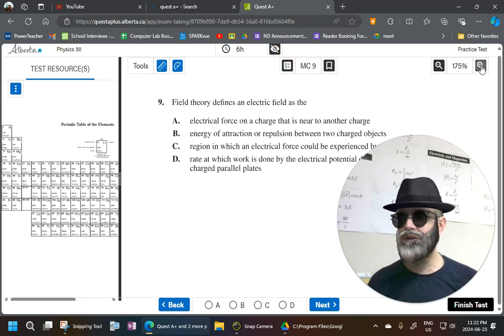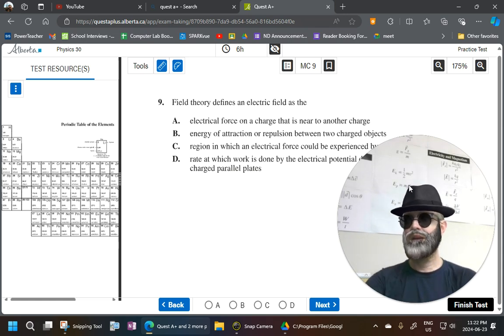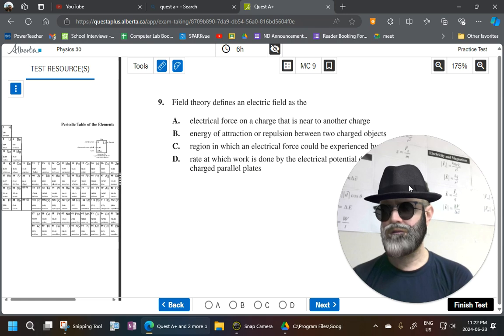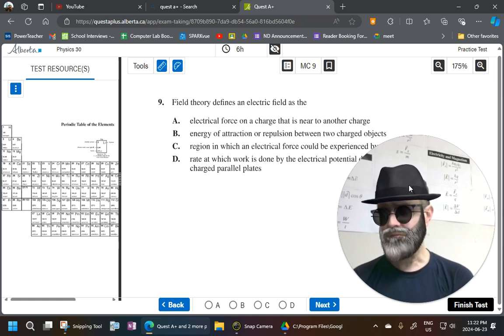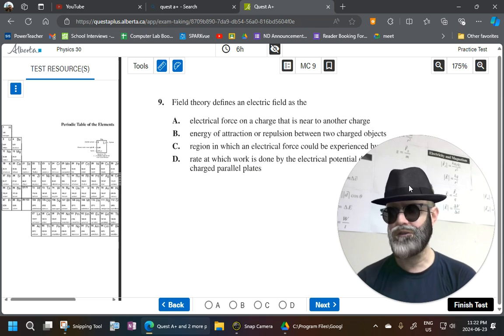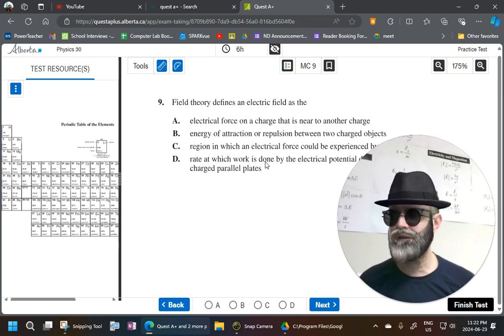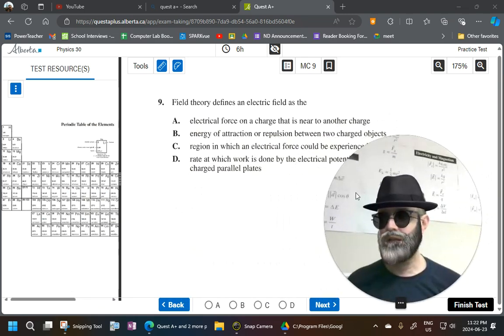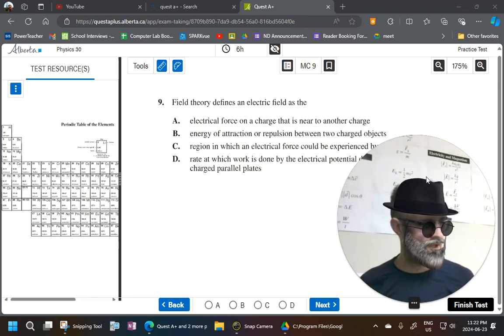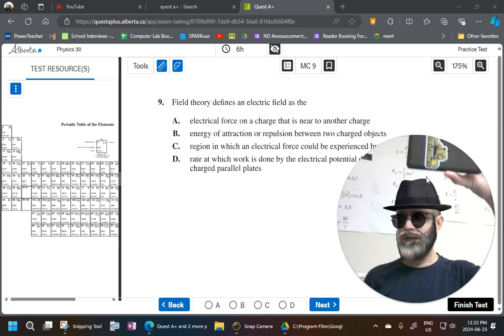In field theory, electric fields are defined, or sorry, defines electric fields as force on a charge. No, that's not a force. Energy, attraction, repulsion. No, it's not energy. A region in which a force could be experienced by a charged object. That is true. That's what it means. It's like I put this calculator in this region right here.